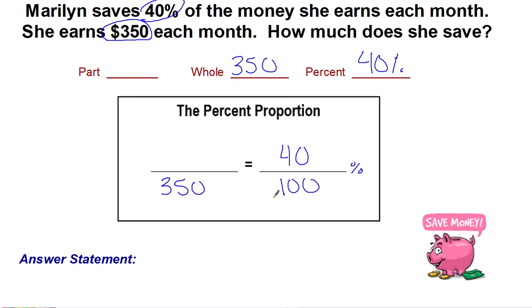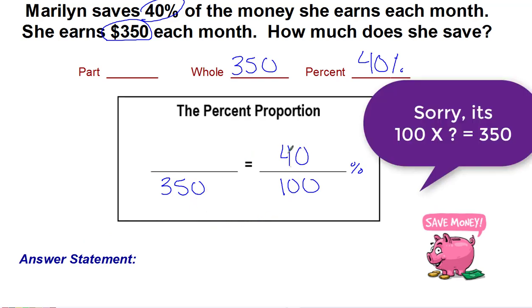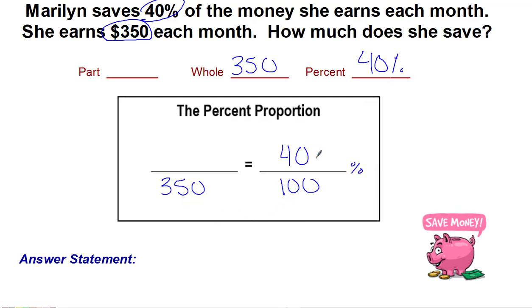Okay, now we're going to find a scale factor. So 100 divided by what gives me 350? Well, nothing. So if I cannot find a direct scale factor, that means that I have to simplify this fraction. And I'm going to simplify it dividing by 2. So 100 divided by 2 gives me 50. And then 40 divided by 2 gives me 20.